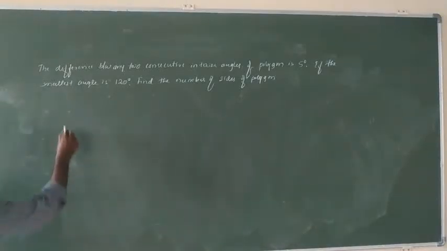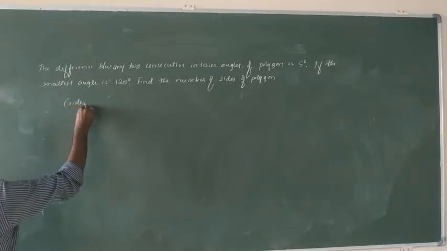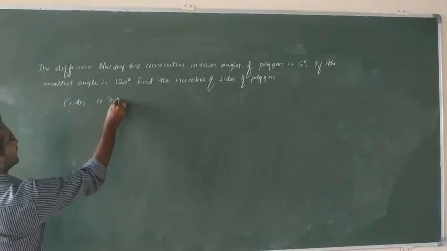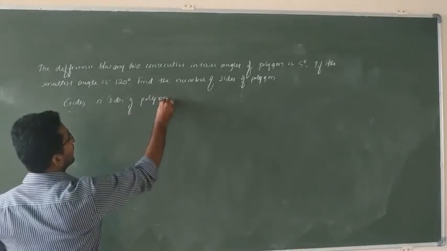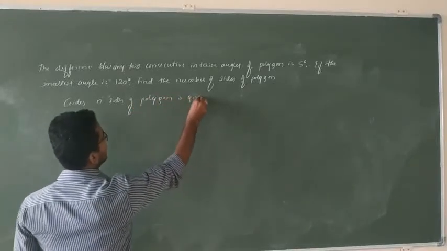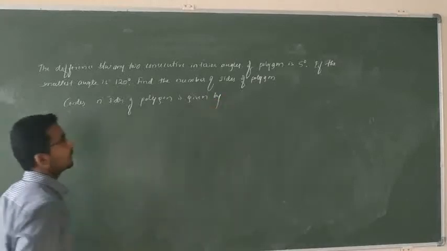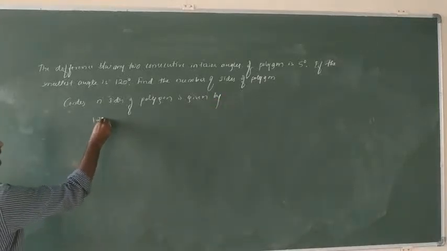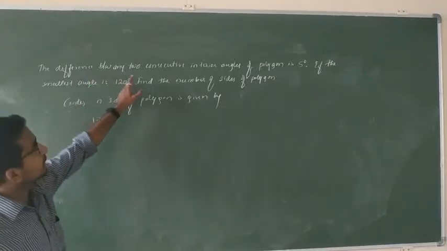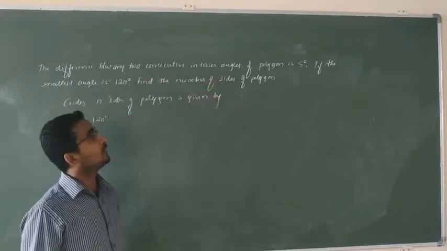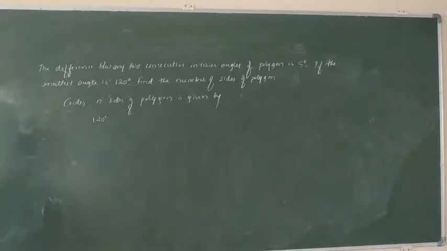So now I consider n sides of the polygon. The smallest one is 120 degrees, and the difference between any two consecutive interior angles of the polygon is 5 degrees.